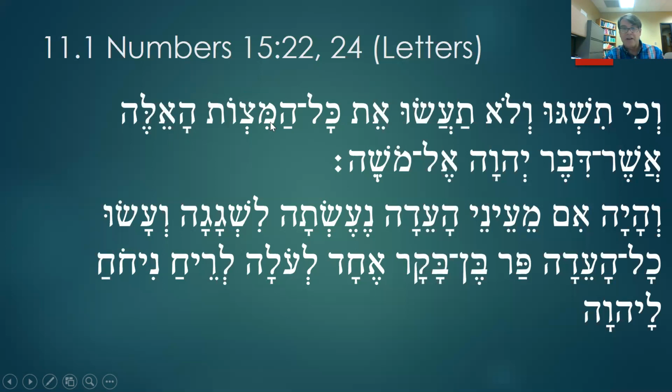A mem is not a begadkefat letter. These have to be doubling dageshes. Dagesh forte, strong dageshes. Segol hey, a vowel combination. The hey is a vowel letter there. Ha'ela. This is the word for these.